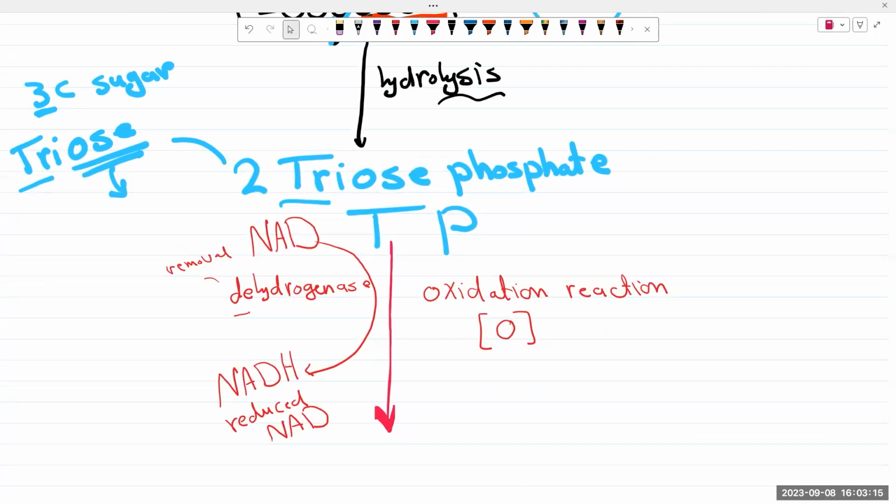Oxidation means loss of hydrogen. To lose hydrogen, we need the dehydrogenase enzyme. That dehydrogenase enzyme removes hydrogen from the triose phosphate. That hydrogen has to be accepted by a hydrogen carrier, which is called NAD. So NAD will accept the hydrogen, and it will be called reduced NAD. Up till now we are okay. Do you have any doubt about that?